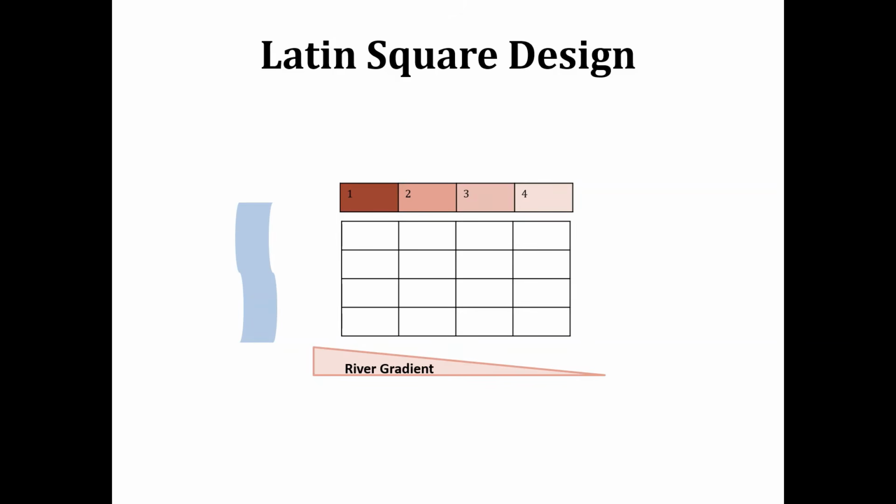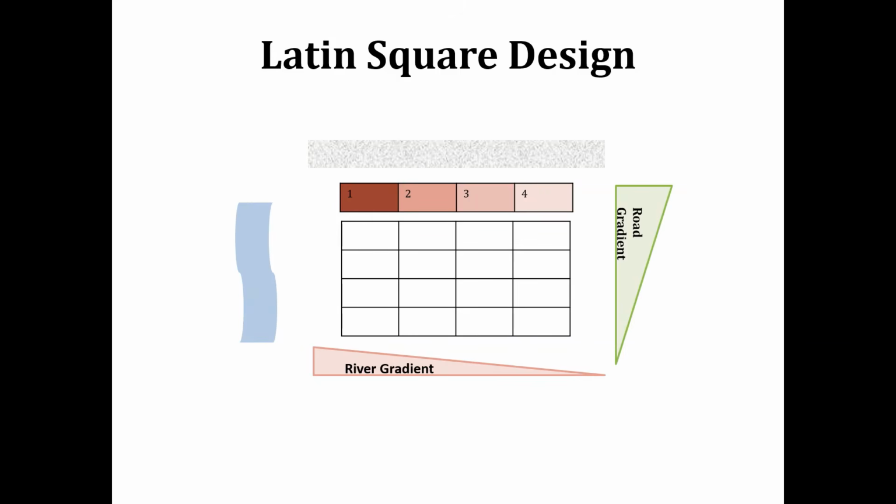You can see that the effect of the river is maximum in column number 1 or block number 1, and then the effect of the river is less in column number 2 or block number 2 than in 1, and then there is a decrease in the effect of the river as we move to block number 4 according to the river gradient. So we have these 4 columns or 4 blocks, and we have divided the effect of the river gradient in these blocks. So this is one source of variation.